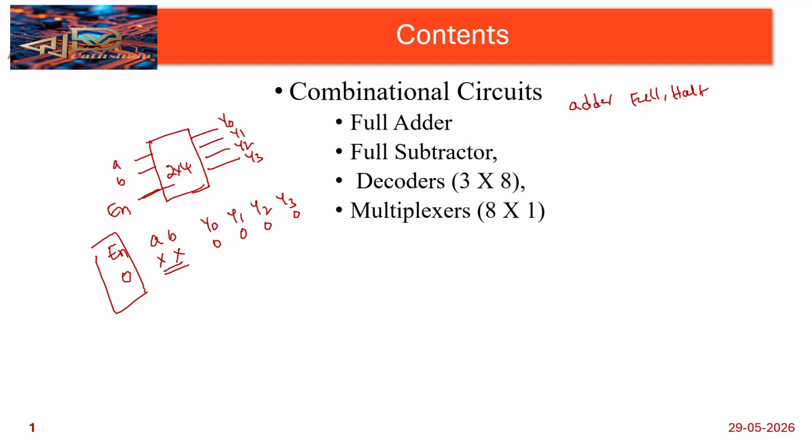Same thing here also, the select pin is there. But multiplexers have select pins, and encoders, decoders, all these things have enable pins. I think you got to know the difference between the enable pin and select pin, right? Yes, sir. Fine.